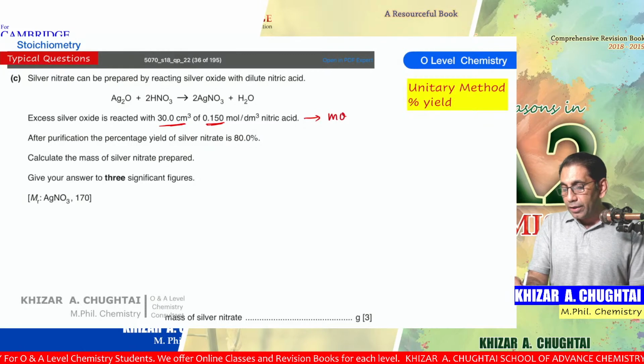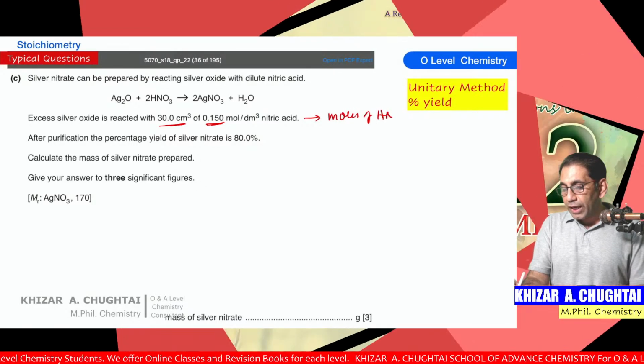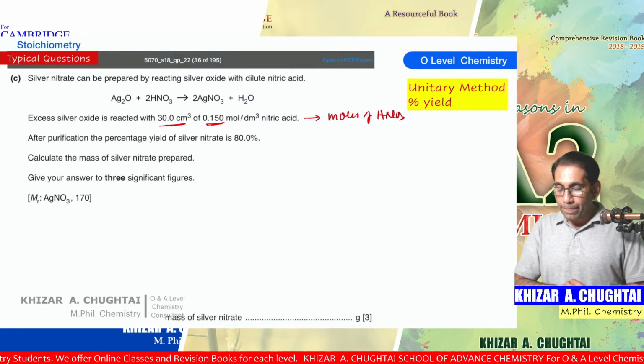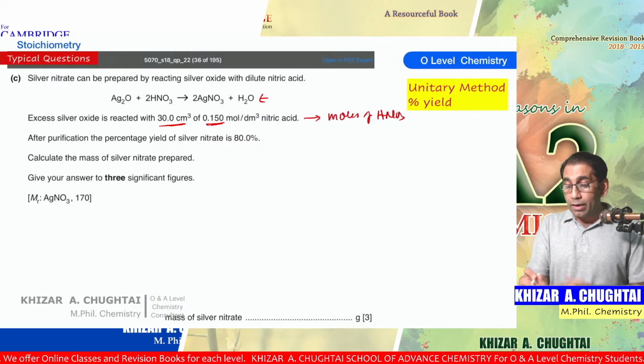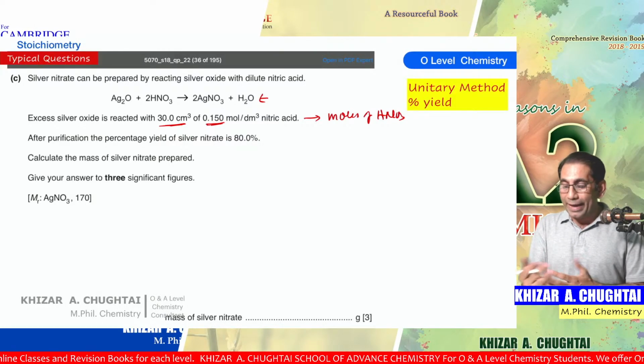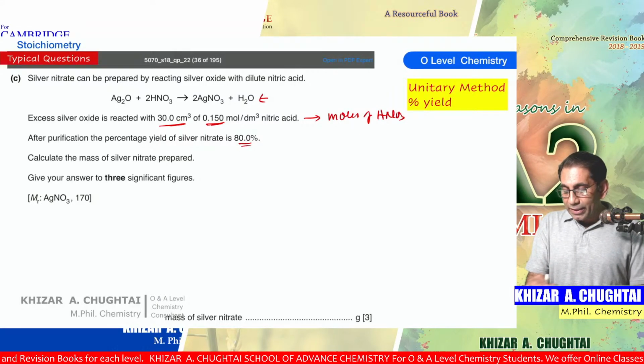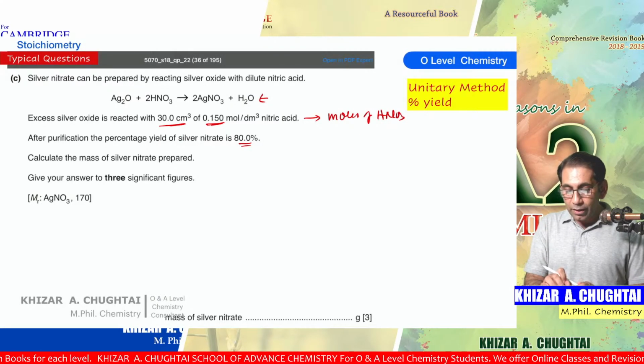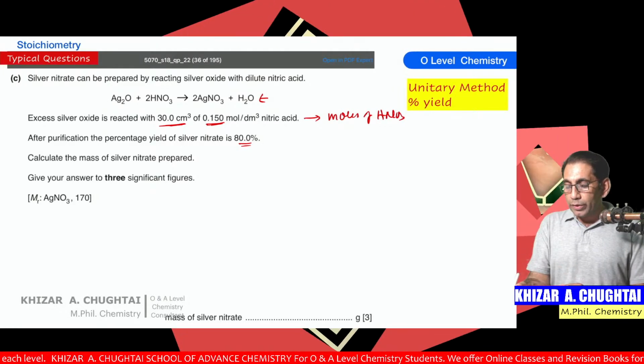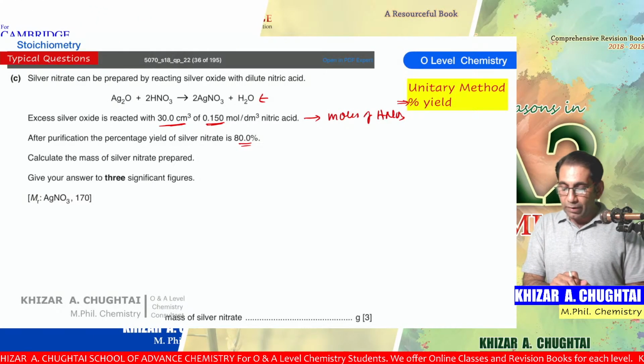So we can find moles of HNO3 from this data. And you know, here is the equation. You can apply unitary method. Once again, the percentage yield is given, so you can apply the percentage yield formula as well.